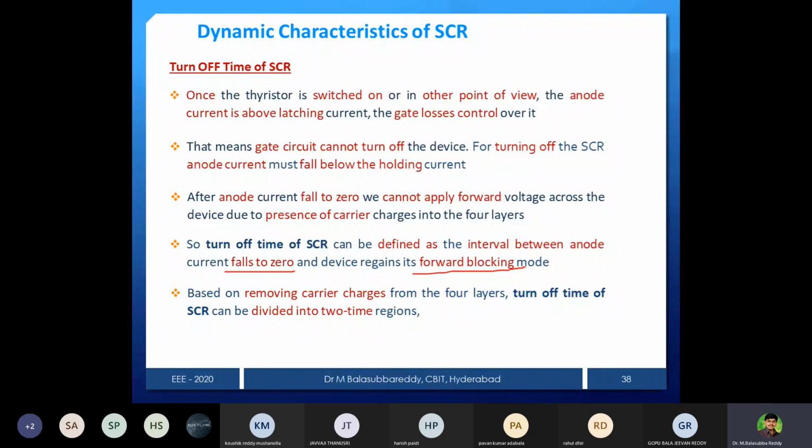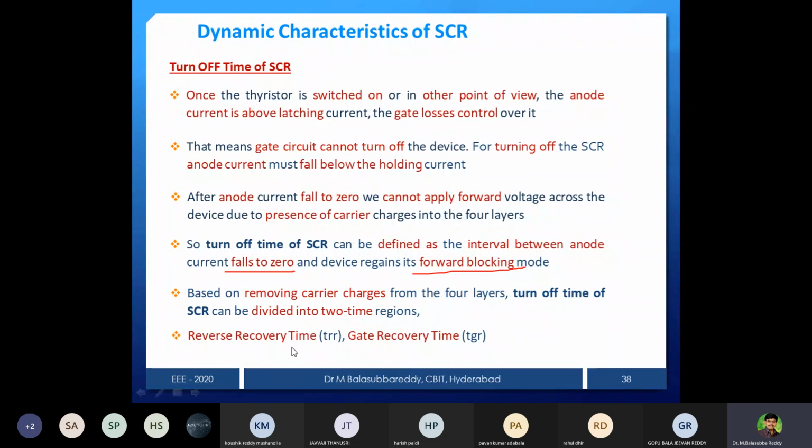Because even if you cut off the input, there is some kinetic energy stored in the motor, which has to be dissipated completely. While it is dissipating, initially the speed is high, gradually it reduces, and at some point it reaches completely 0 speed. Like that, even though you cut off the input, we need to completely remove the charge particles.